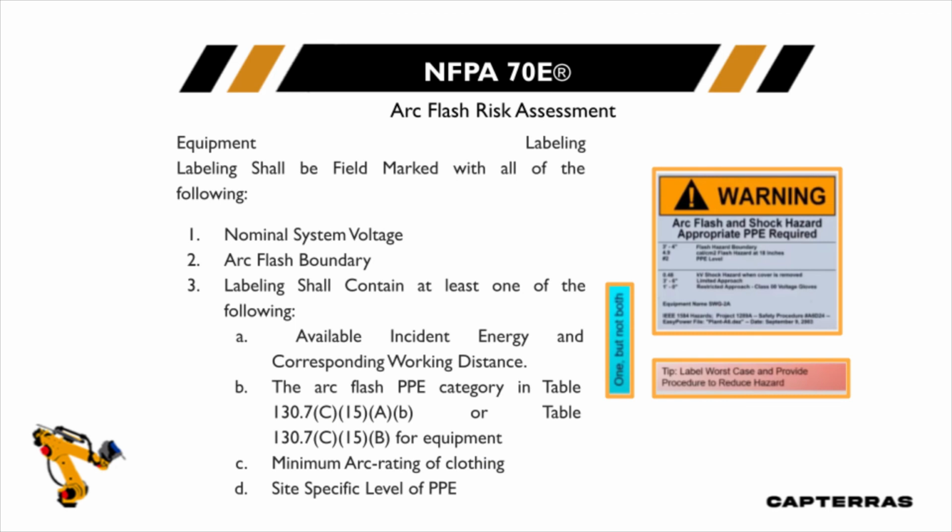It's also very important that we label our gear properly and people understand the labeling. So when I walk up, I understand what is required. Now, one of the things I want to mention here is in some cases, for example, an automatic transfer switch. We walk up, and if we calculate the incident energy, generally our software is going to tell us the worst case from one source, backup generator or generator, and the alternate source.